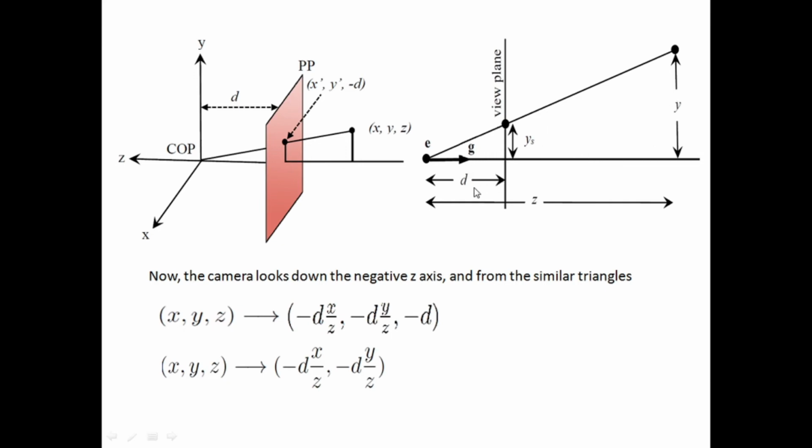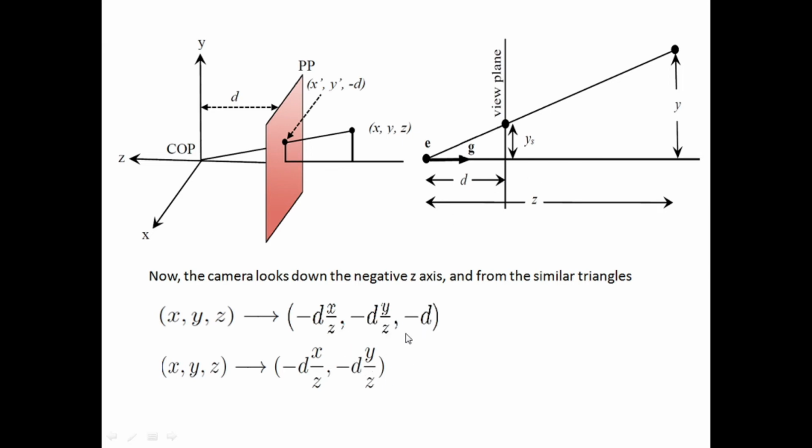This point E is the center of projection. From here I am looking towards the negative z axis, so I am making myself d units away along the negative z axis, and from the law of similar triangles, ys is given by y by z into minus d. The same thing has happened here.